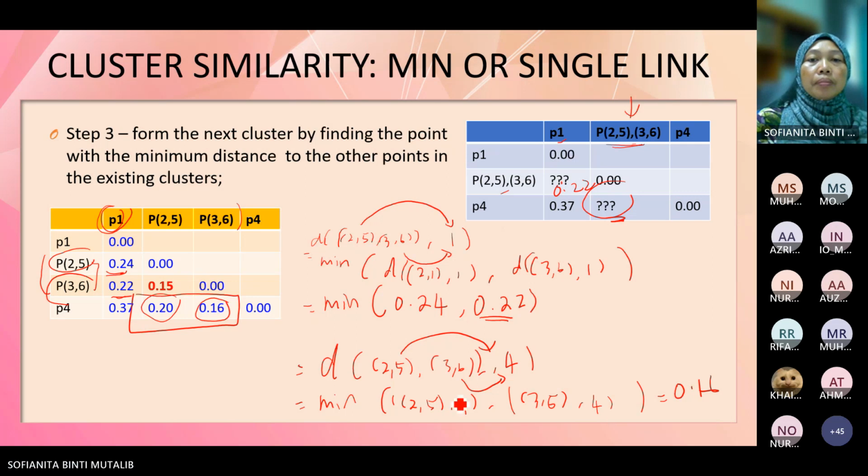Okay. So now you can replace the value 0.16. So we have updated the similarity matrix. This matrix has been updated. Can we define which one is the lowest?